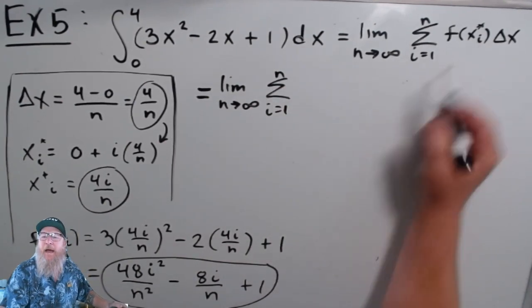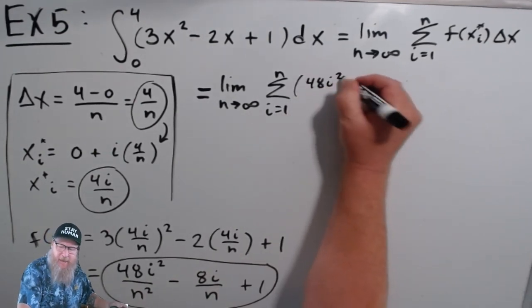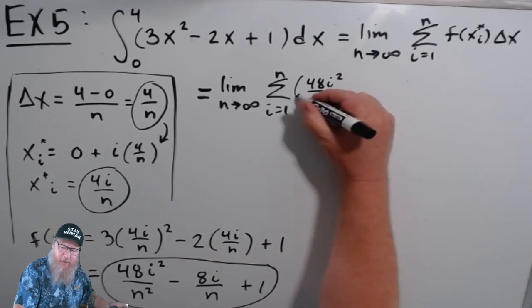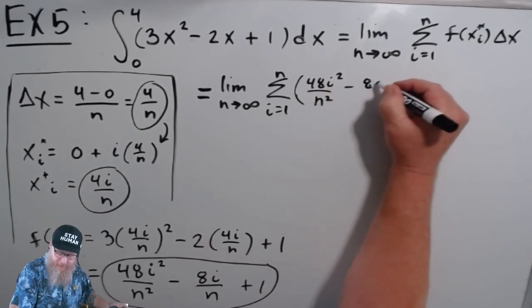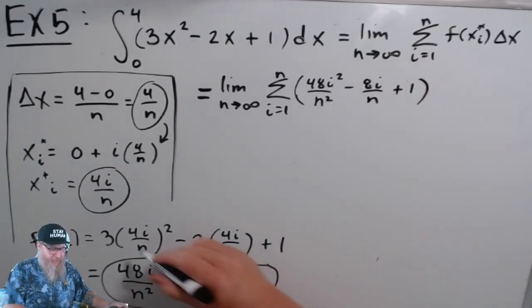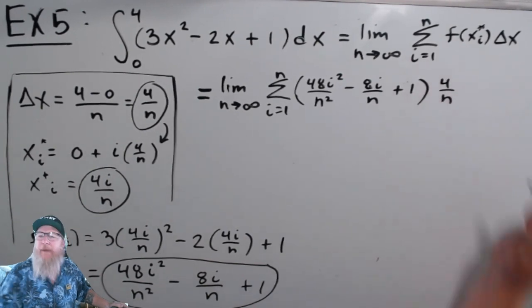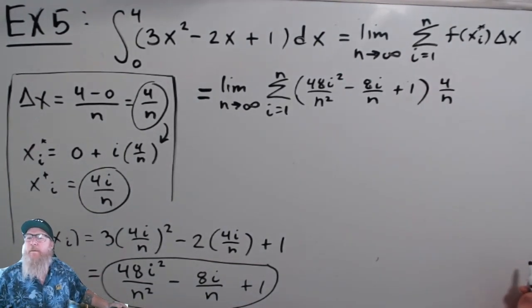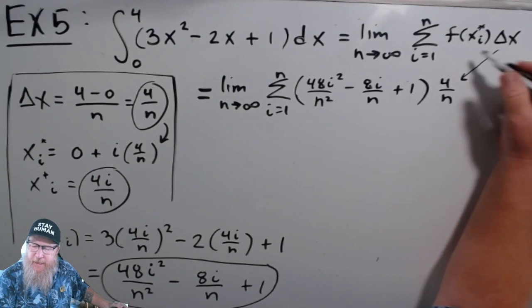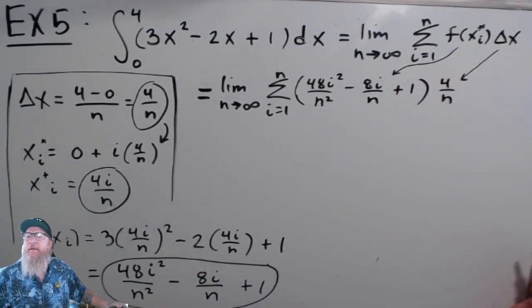We start with our f, so this is our f: 48i squared over n squared minus 8i over n plus 1, times delta x, which is 4 over n. There's your delta x, and there's your f of xi. Okay, not too bad.